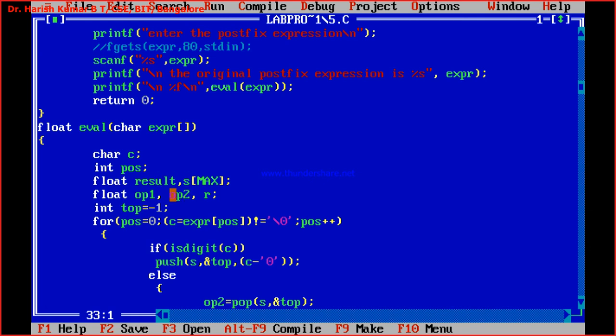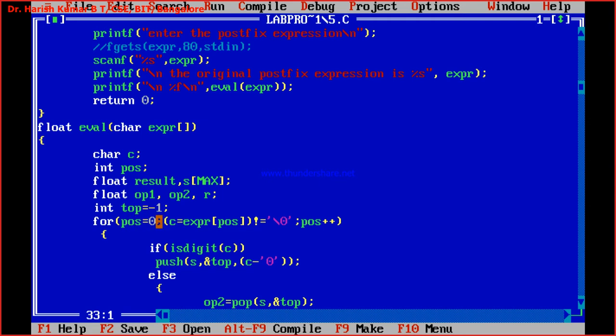The first element popped from the stack will be assigned to op2, and the second element popped will be assigned to op1. And r is another variable which we have taken, and top is initially initialized to 0. I'm starting here, position is equal to 0, and c of expr of position not equal to the null character. Now this for loop will start scanning all the symbols or tokens from the given postfix expression.